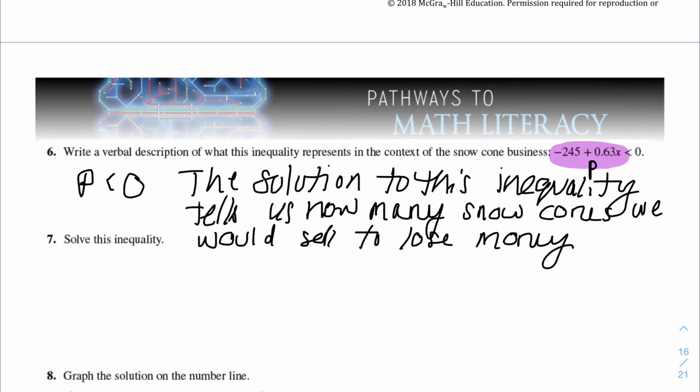Okay? So any value that satisfies this inequality tells you your profit is less than 0. So the company is losing money.